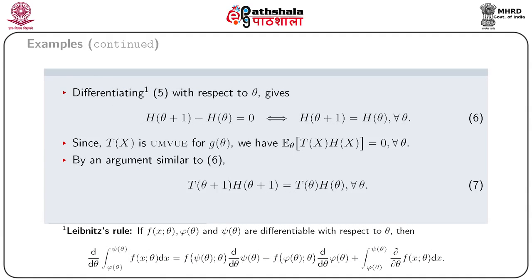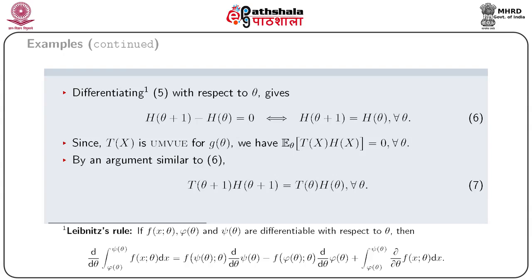Differentiating both sides with respect to theta by Leibniz theorem, we get h(theta plus 1) minus h(theta) equals 0 for all theta, which implies h(theta plus 1) equals h(theta) for all theta.